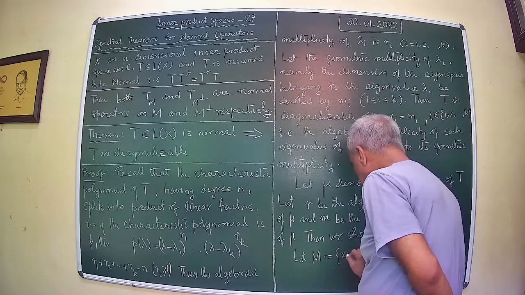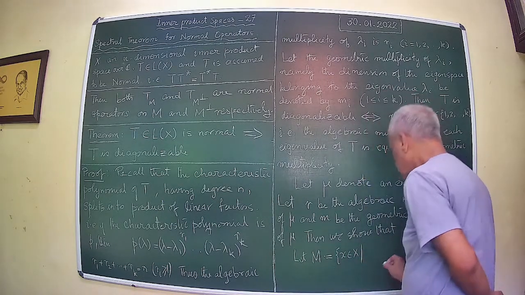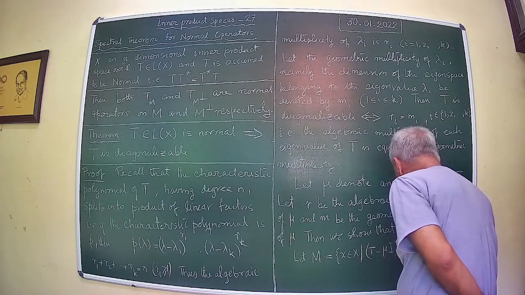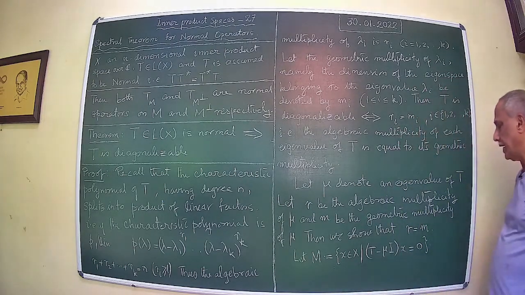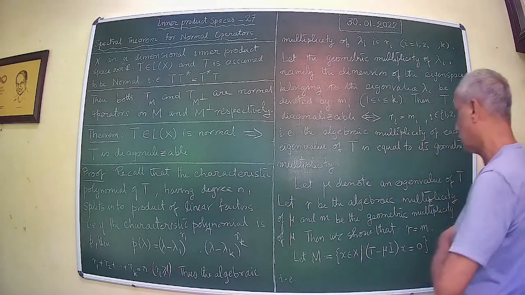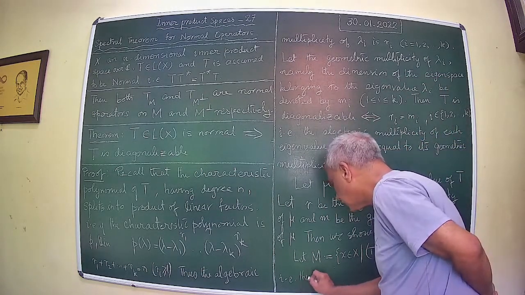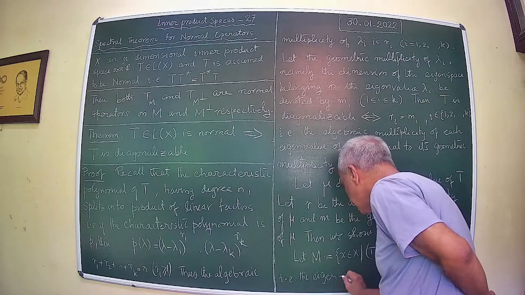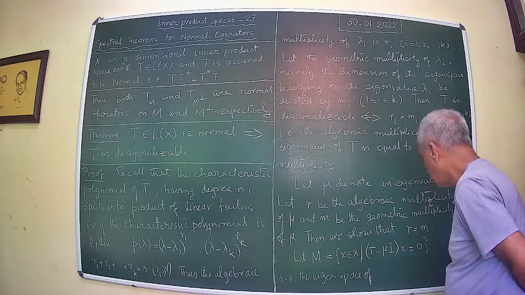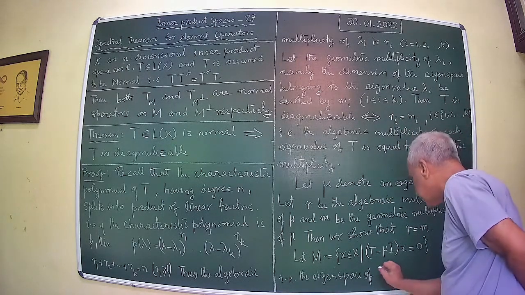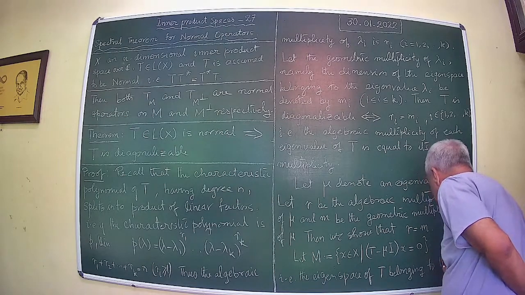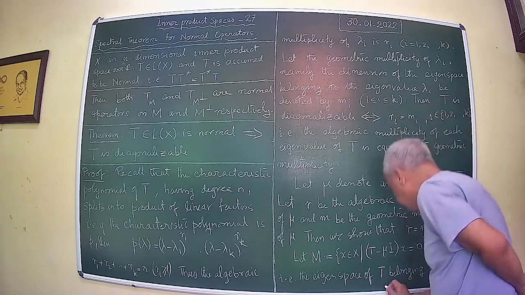Let M be the set of all x belonging to X such that T minus mu I applied to x is 0, that is the eigenspace of T belonging to the eigenvalue mu.